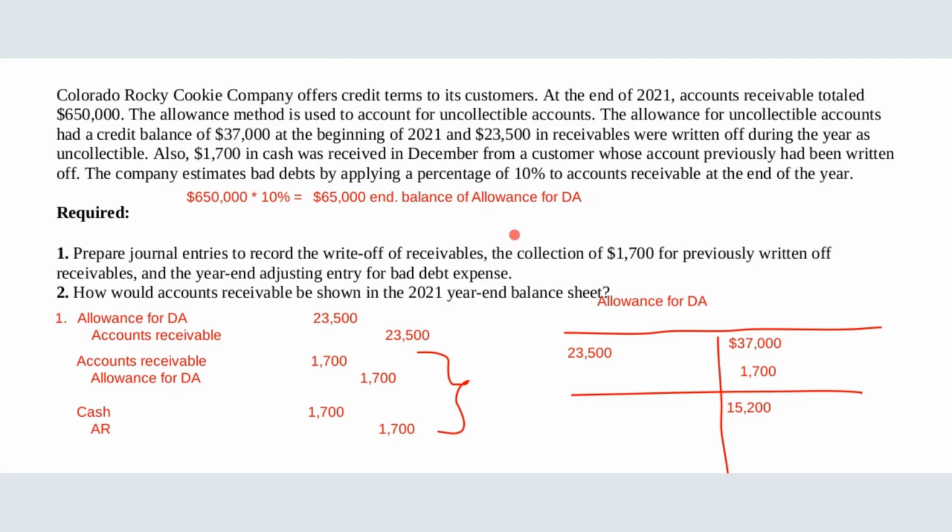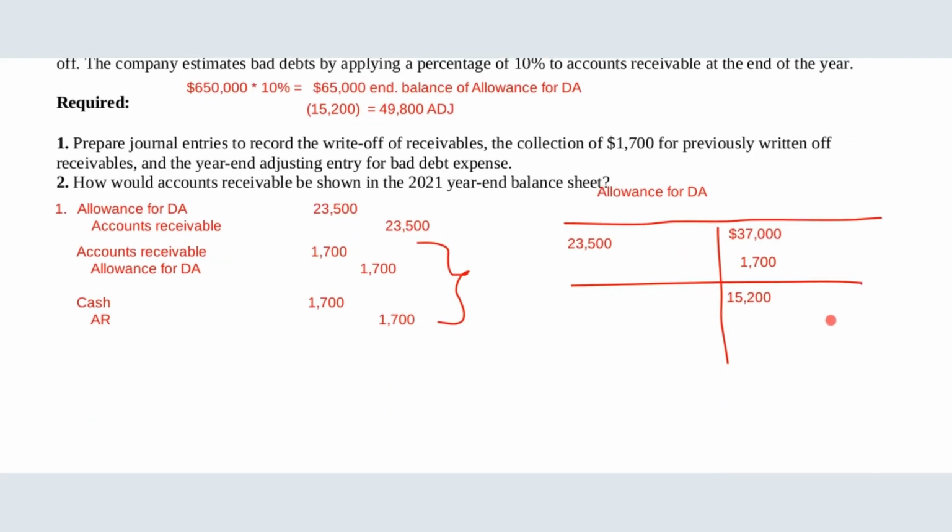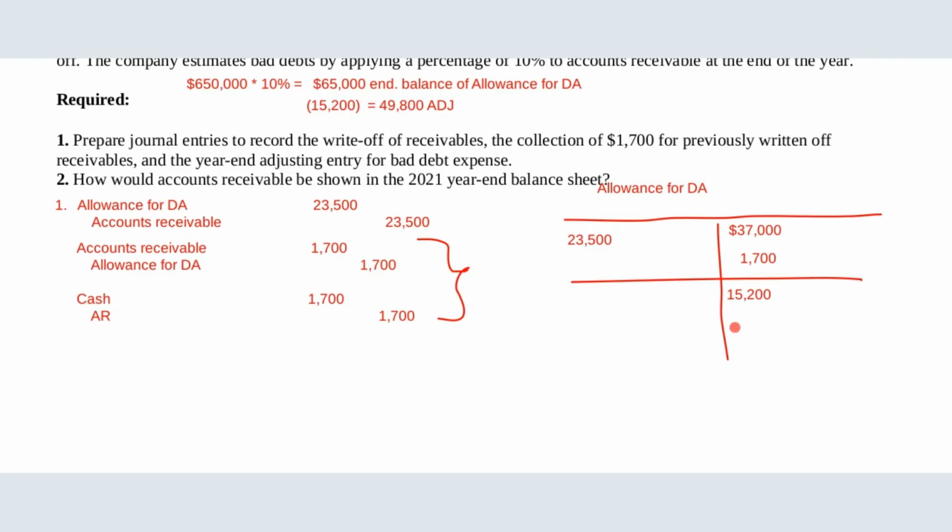So since we have a net credit balance, then we subtract and come out to the adjustment. So I have 49,800 as our bad debt amount. Right? Because if I increase this account by 49,800, the ending balance will be 65, and that's what it needs to be.